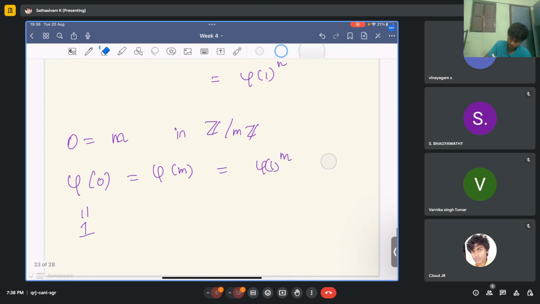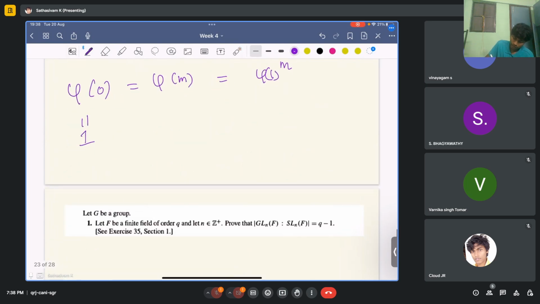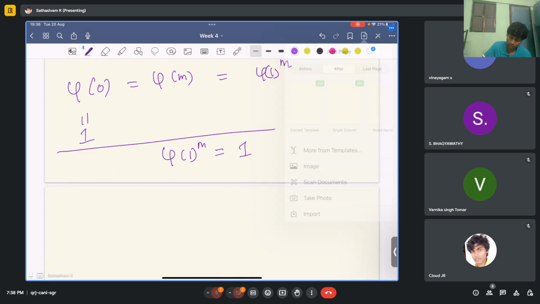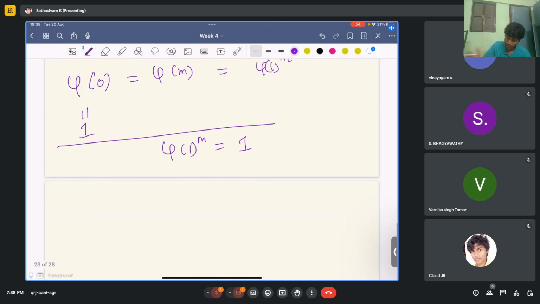Since this is 1, this element also has to be 1. So this is the conclusion: if you have a homomorphism, then phi of 1 to the power m is equal to 1.